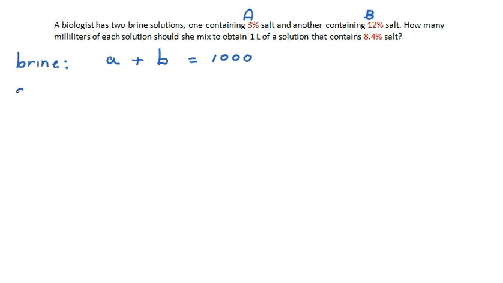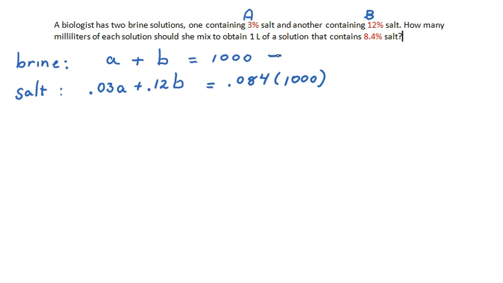Now we're also going to look at the amount of salt. Solution A is 3%. So 3% of the volume is going to be salt, plus 12% of the B milliliters from solution B will give us 8.4% of the mixture, which is 1,000 milliliters.